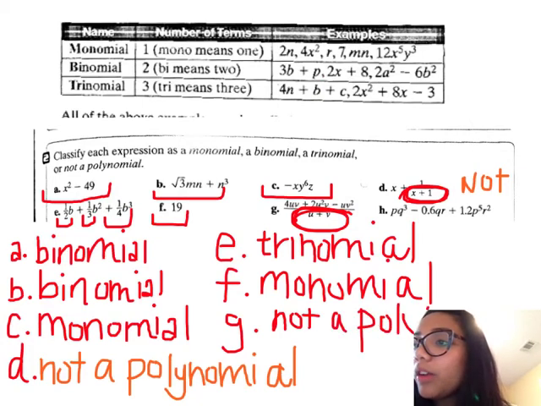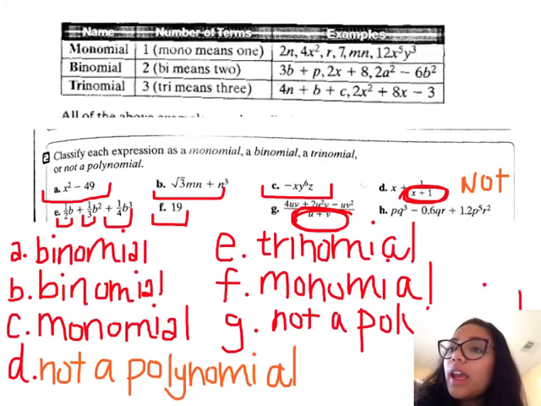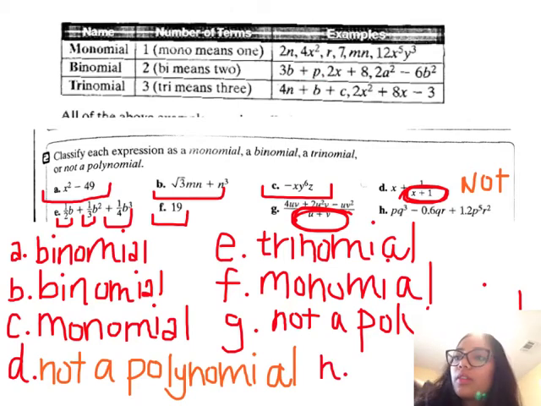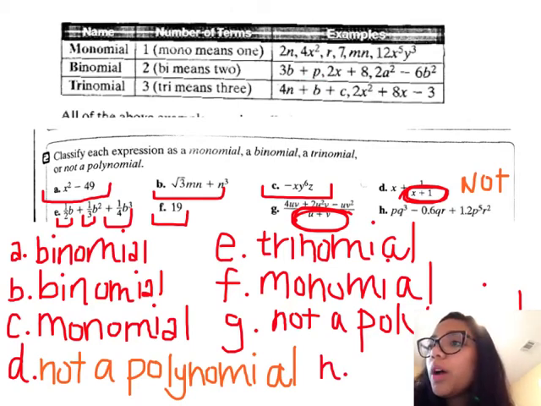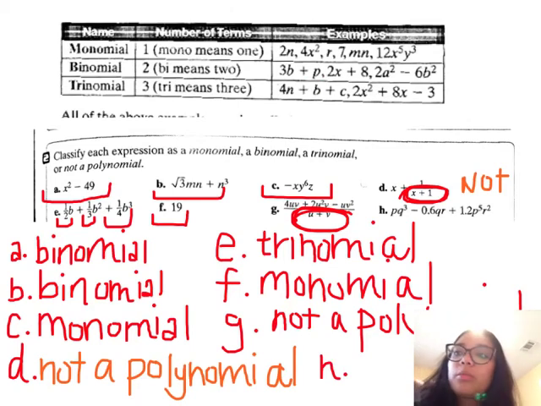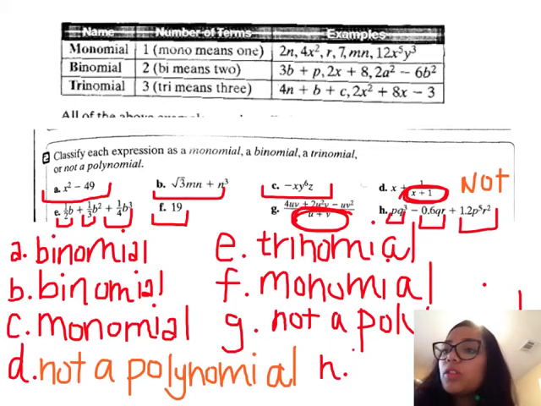And then H, all of those are positive exponents. There's no repeating numbers. I would say that's a polynomial, and it's being separated by a minus and addition. Subtraction and addition, and there's 3 terms, which means it's a trinomial.